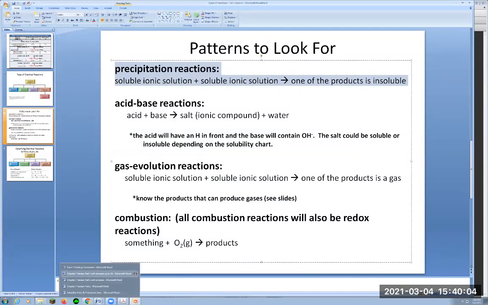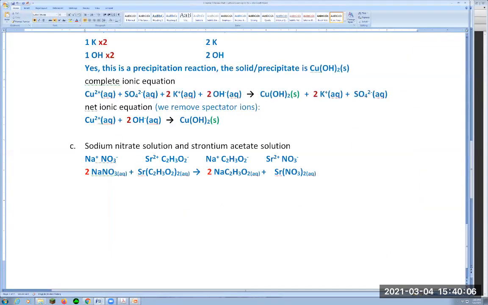So that means we can say here, this is not a precipitation reaction because all products are soluble. No precipitate was made.